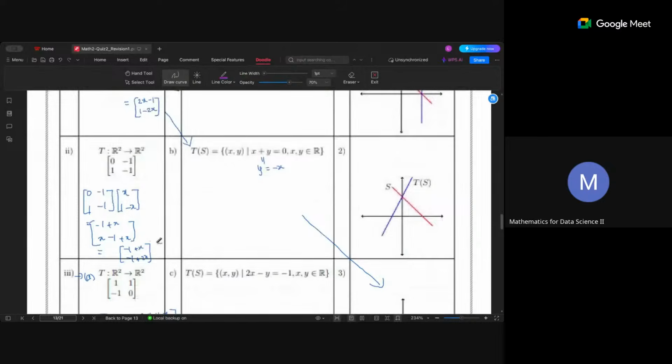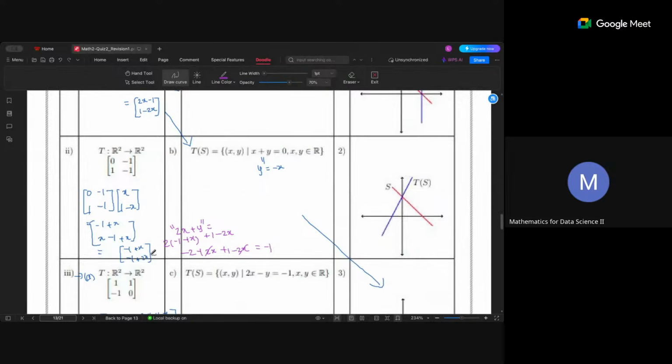So what is 2 times minus 1 plus x? Minus 2 plus 2x. Yes. And then you put minus 1 minus 2x. So you have plus 1 minus 2x, which will give you minus 1. So 2x plus y, you will get minus 1.